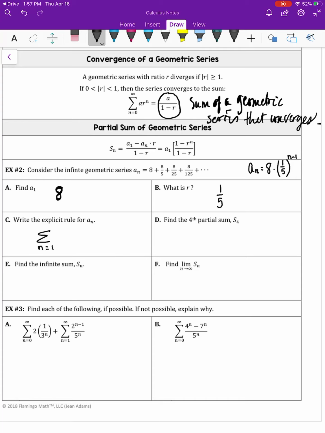And so writing the explicit rule is something that I just did, only I want to show it with a summation. So we've got our summation, n equals 1 to infinity, of 8 times 1/5 to the n minus 1.